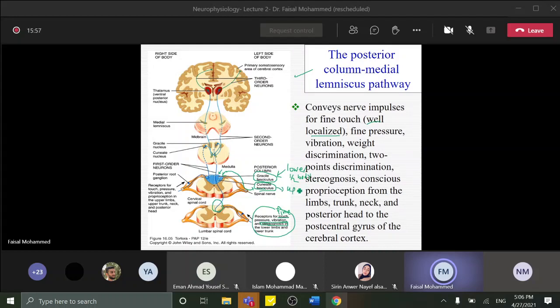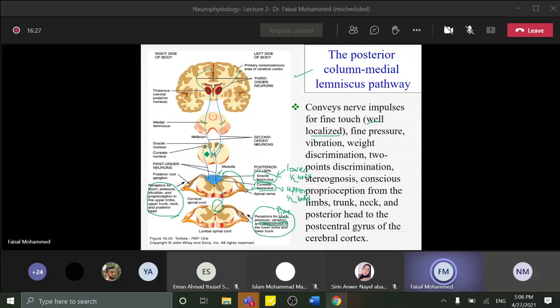Otherwise they transmit the same kind of sensation. Cuneatus transmits fine touch, fine pressure, vibration, proprioception, all of it, but from the upper limb and upper trunk; here, from the lower limb and lower trunk.